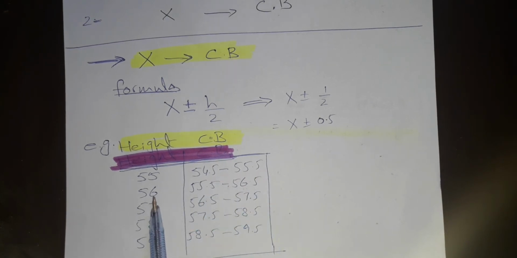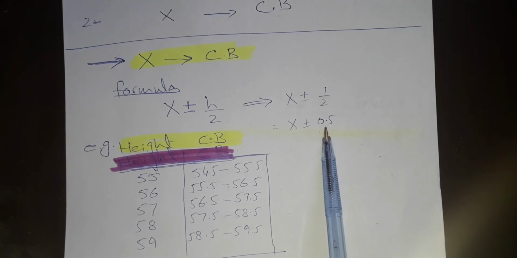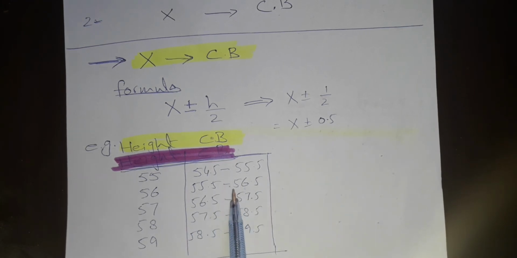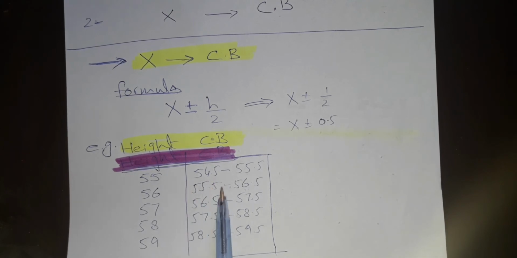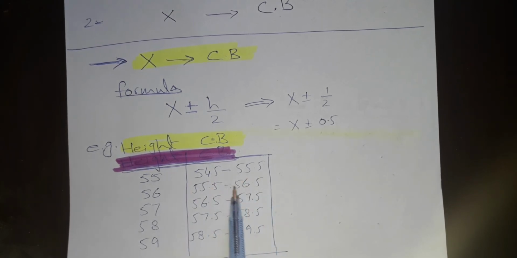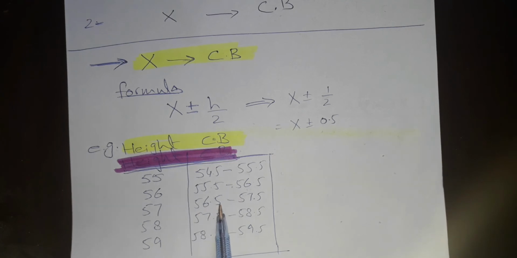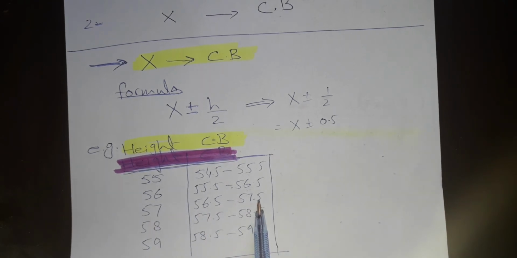Now take the value 56. 56 plus minus 0.5: by subtracting we get 55.5, and by adding we get 56.5. Write the lower value here by subtracting and the upper value here by adding. 57 minus 0.5 is 56.5, and 57 plus 0.5 is 57.5.